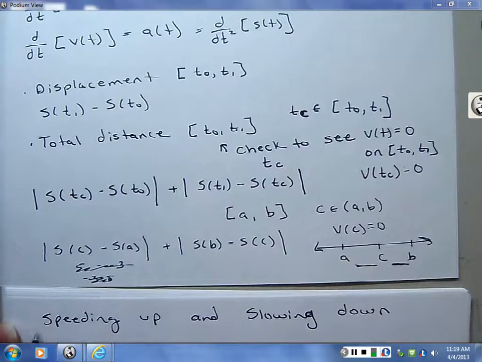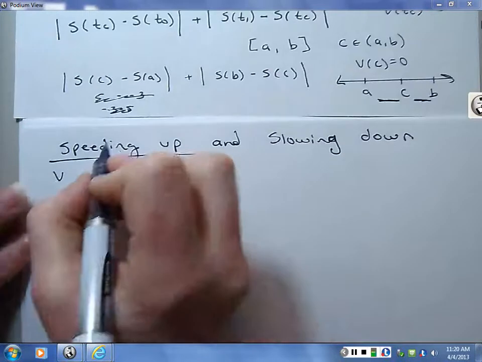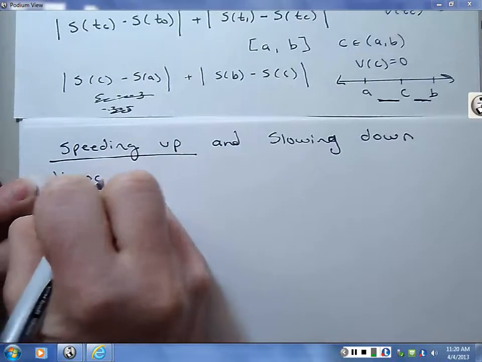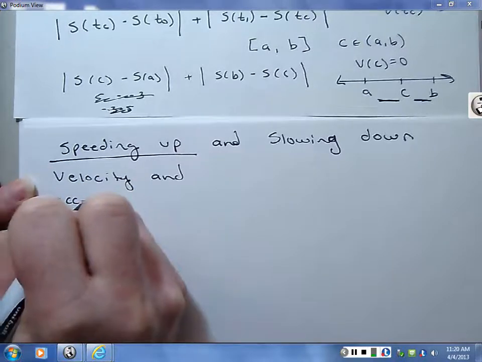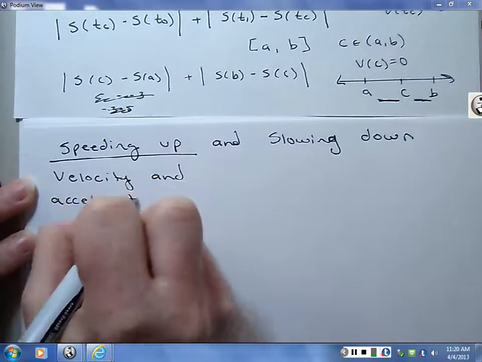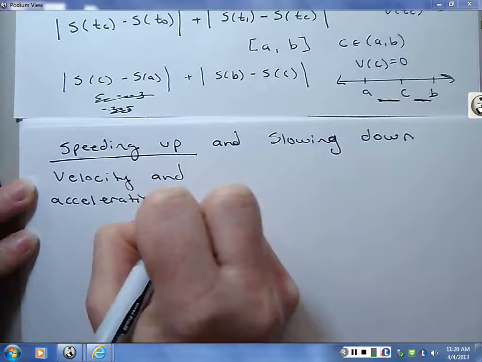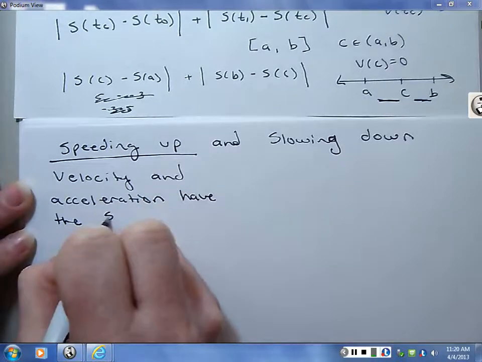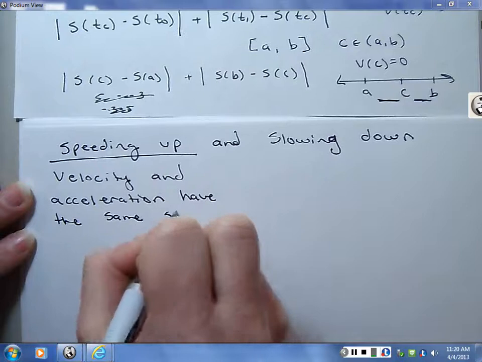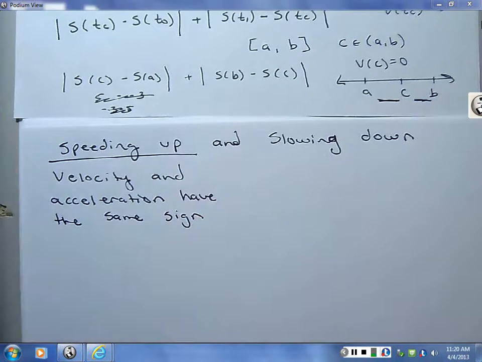It turns out a particle is speeding up when the velocity and acceleration have the same signs. When acceleration is positive and velocity is positive, my particle is speeding up.